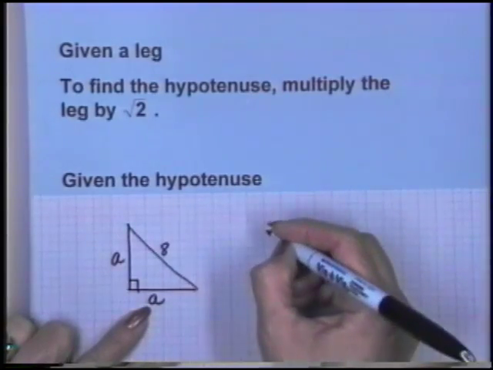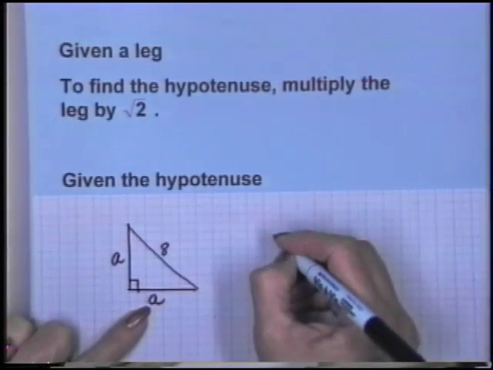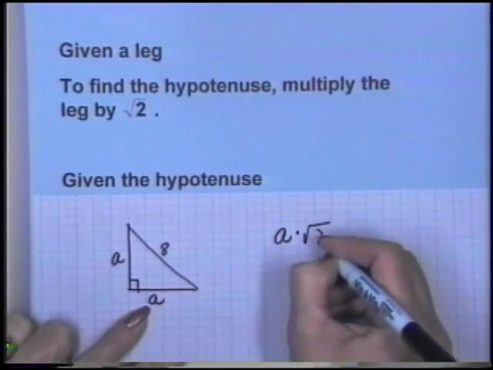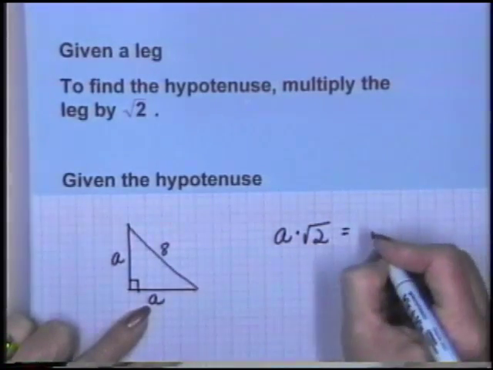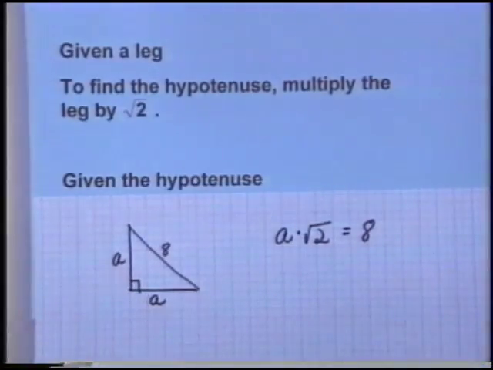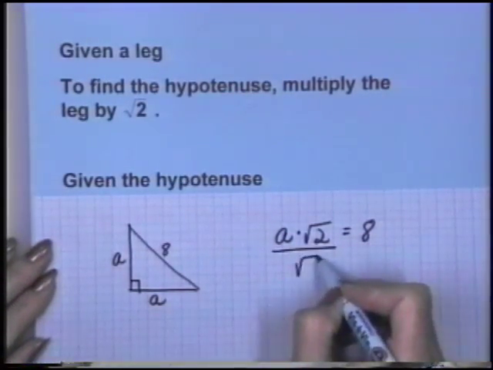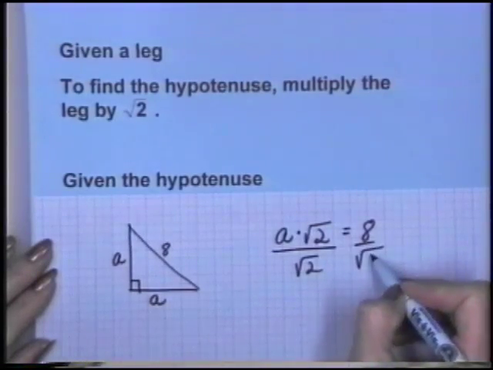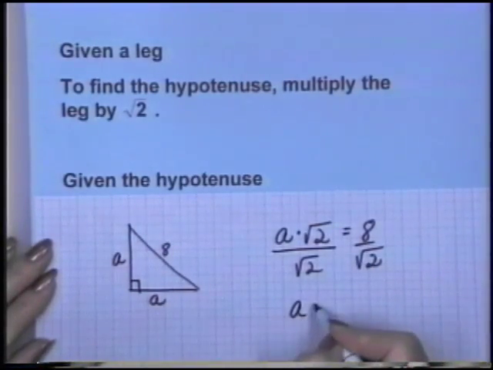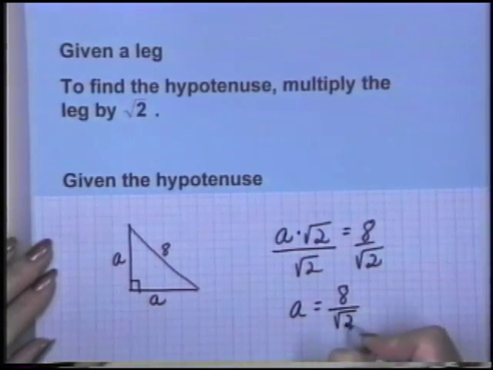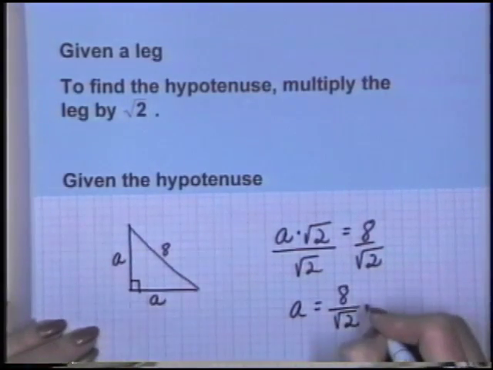There are a couple of ways I can find this. I know that if I take the leg and multiply it by the square root of 2, I'm going to get the hypotenuse. And so to figure out what the leg is, we'll divide both sides by the square root of 2, and we get A equals 8 divided by the square root of 2.